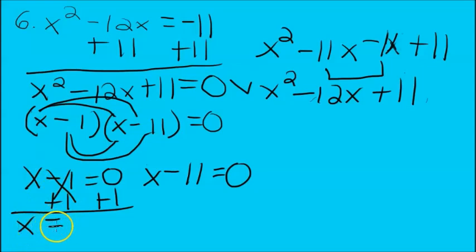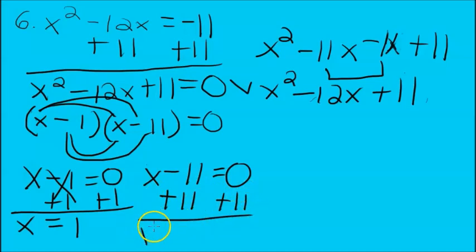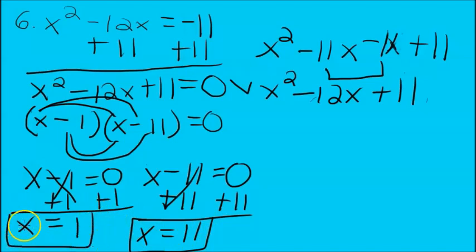So then we have x is equal to positive 1. And over here, we add 11 to either side because, again, we're trying to get x by itself. The negative 11 and positive 11 cancel out. And then it's x equals 11. So x equals 11 is our answer, as well as x equals 1.